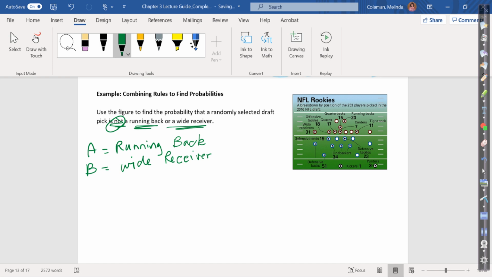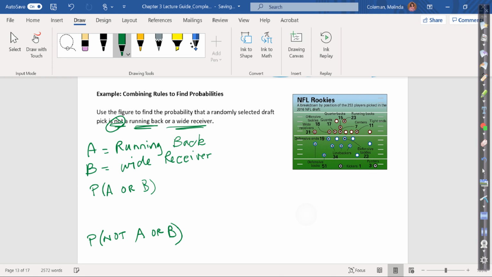So we want the probability of A or B. Now you may be saying, wait, I don't want the probability of A or B. I really want the probability that it's not A or B. So probability that it is not A or B is absolutely what we're looking at.